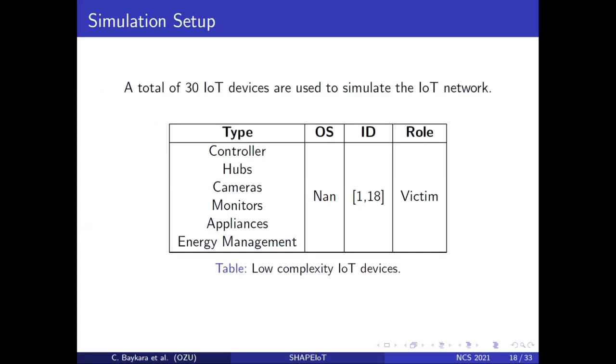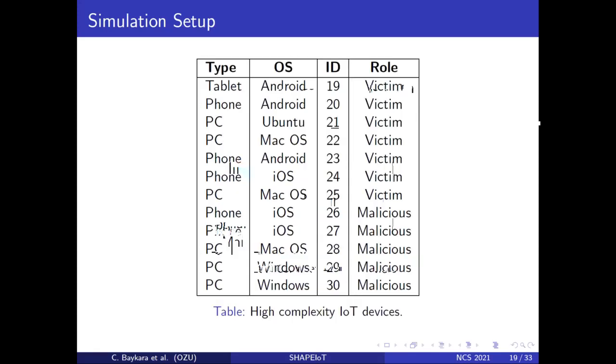The first 18 devices are low complexity IoT devices, such as controllers, hubs, smart cameras, monitors, or sensors. They are all benign devices. The other devices are high complexity IoT devices. 5 of these devices are in fact malicious devices, which is not known to the server. And the server is expected to successfully blacklist all of these devices by the end of the simulation.